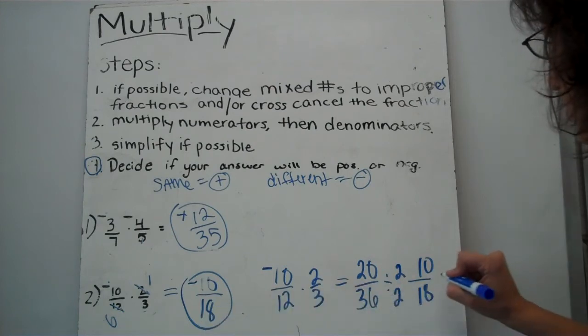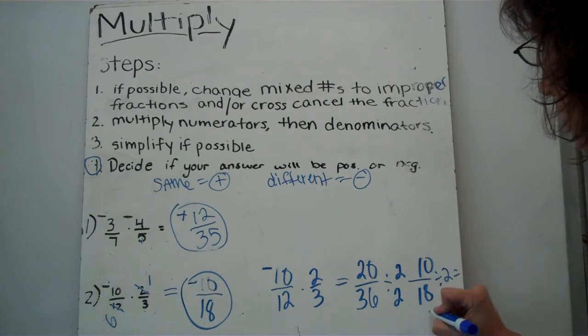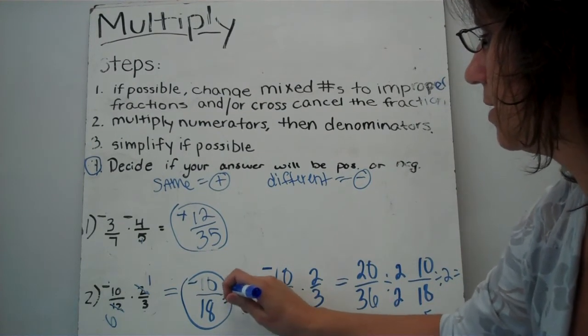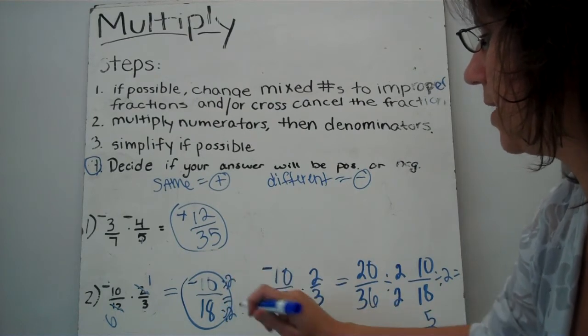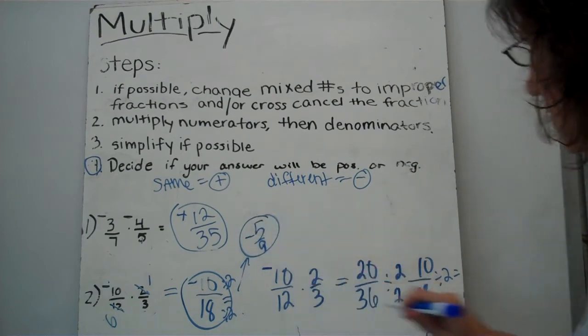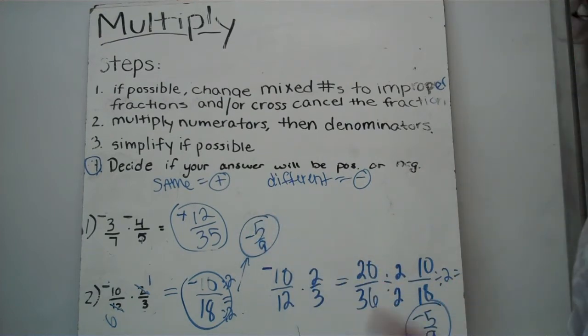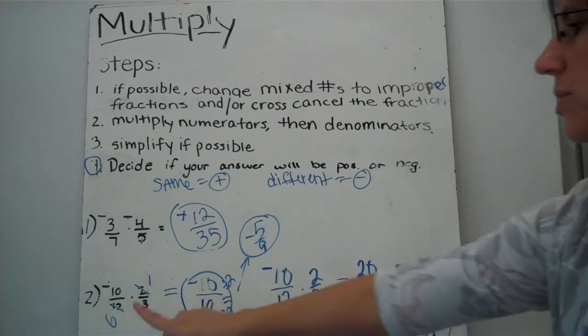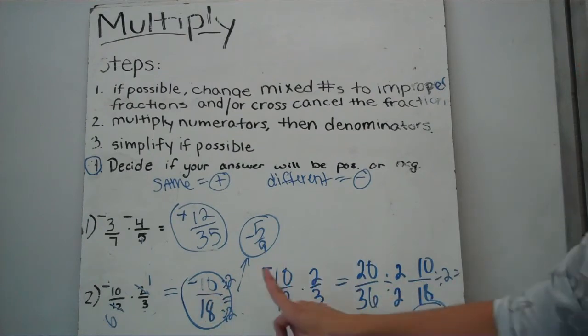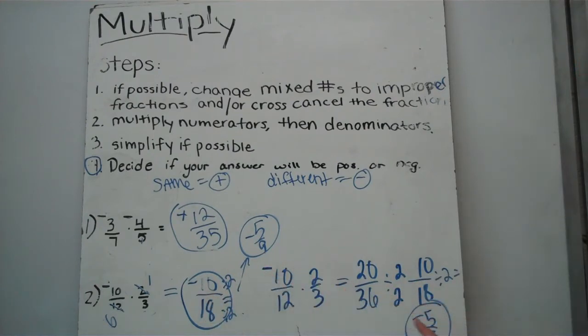Oh, and we could reduce that one too. Divide by 2 and we get 5/9. Oh, see, I didn't even realize that. Wasn't paying attention. I'm going to divide by 2 here, we've got 5/9. It doesn't matter whether you cross-simplify or not. Some people like to cross-simplify ahead of time, some people don't. That's up to you. Notice we do have a negative in either case because we have different signs, so it is a negative.